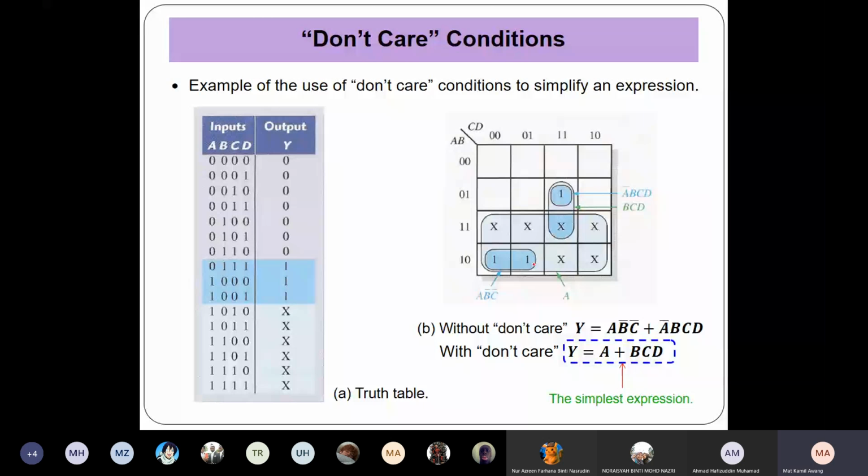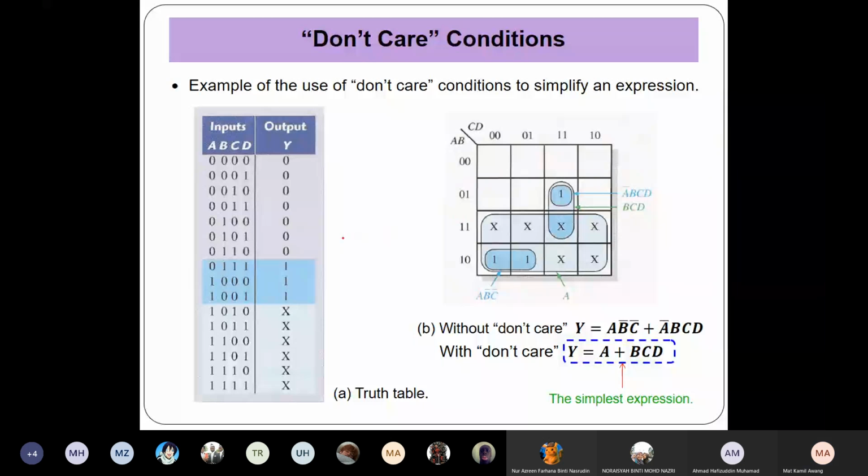Example. Let's say you have that truth table. Okay. So 0, 1s, and the rest are don't care. X means don't care.